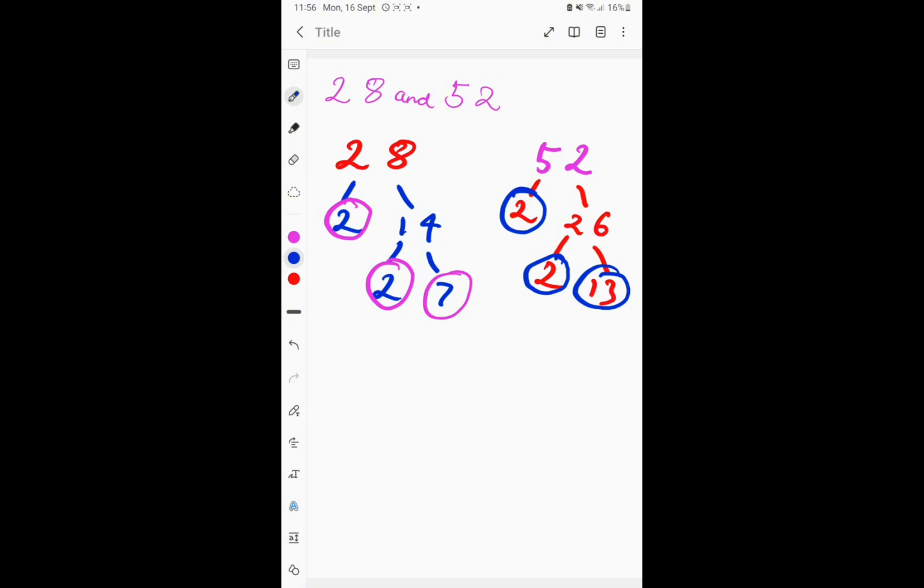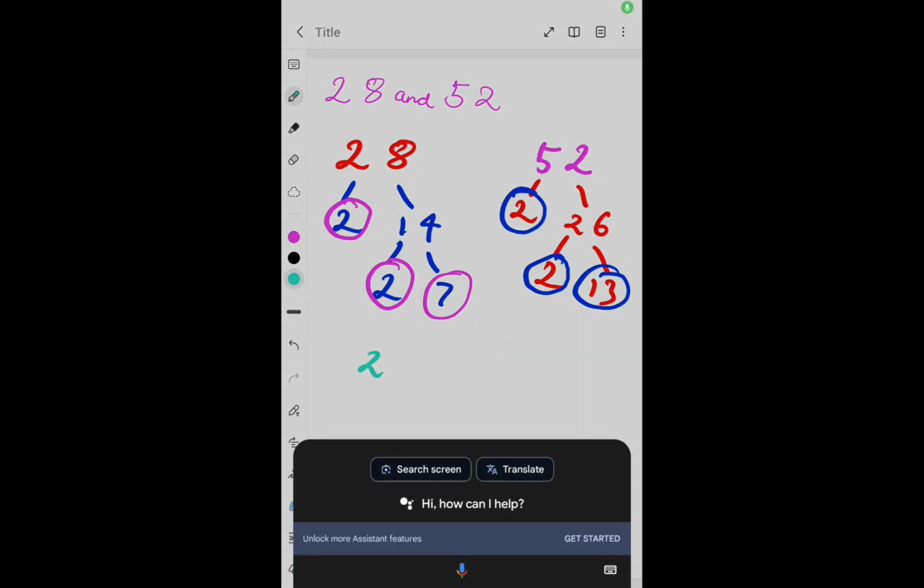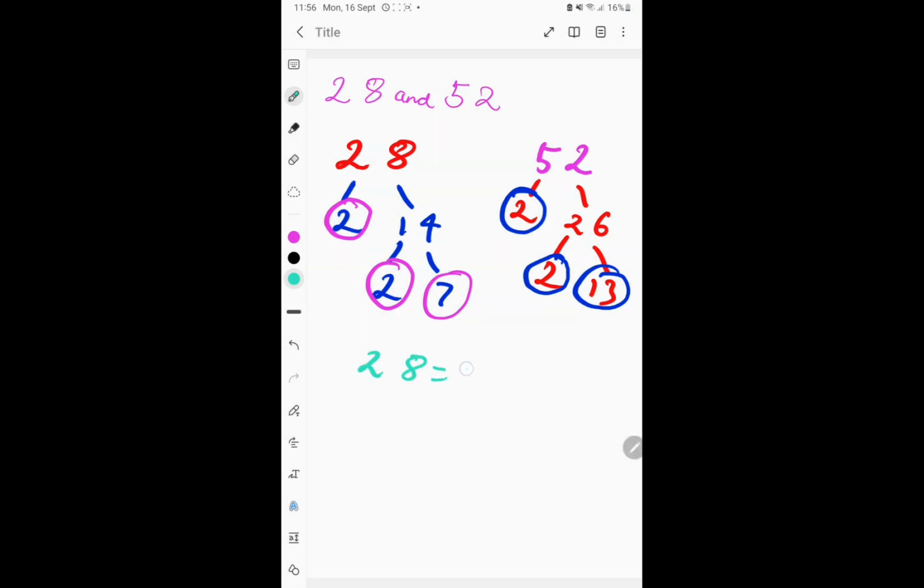Now we need to list the prime factors and match them vertically. For 28, we have 2 times 2 times 7. For 52, we have 2 times 2 times 13. Now we need to bring down.